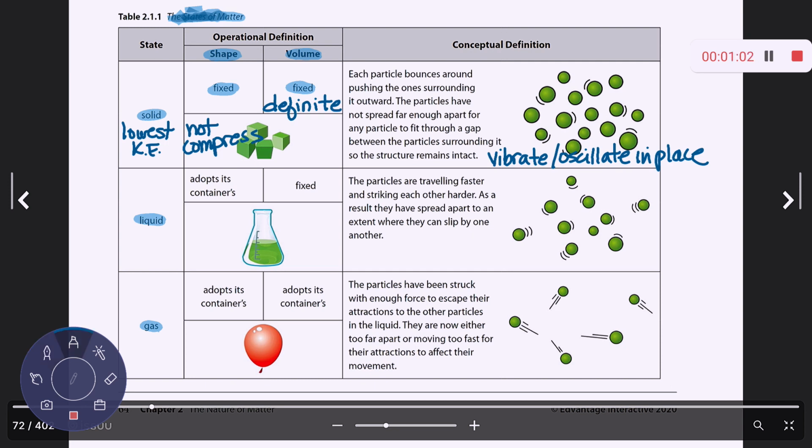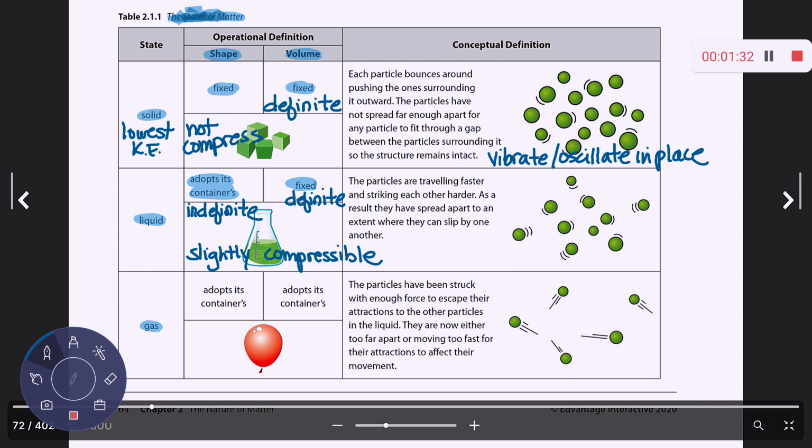In terms of liquids, liquids take on the shape of their container. So that means they actually have indefinite shape, but they do have a fixed or definite volume. There is a little bit of space in between the liquid particles, so that means liquids are technically slightly compressible.